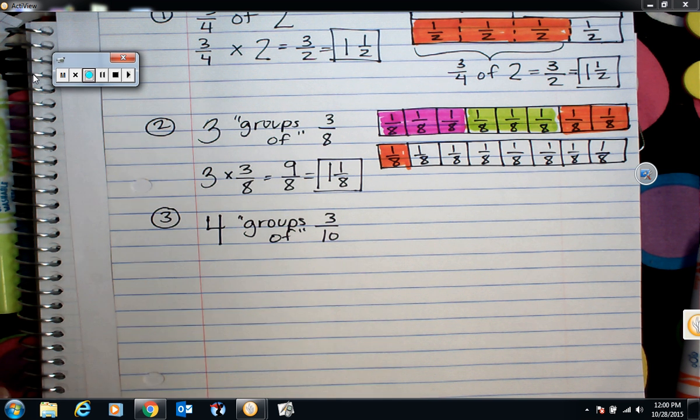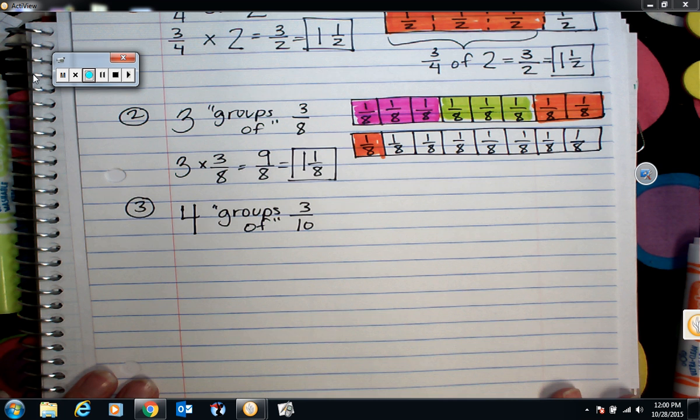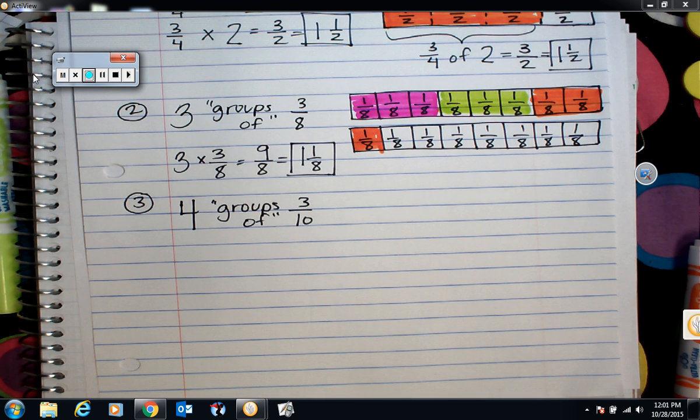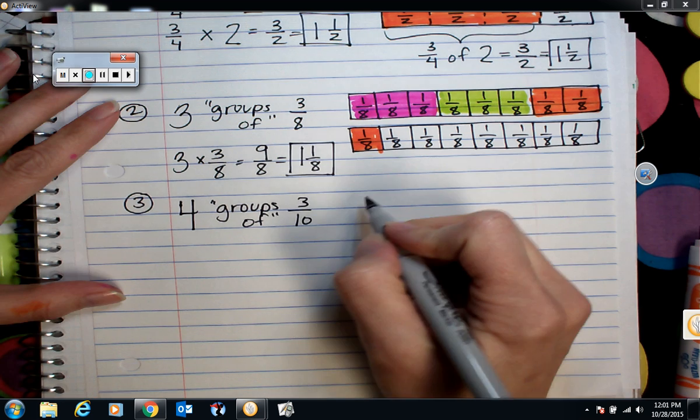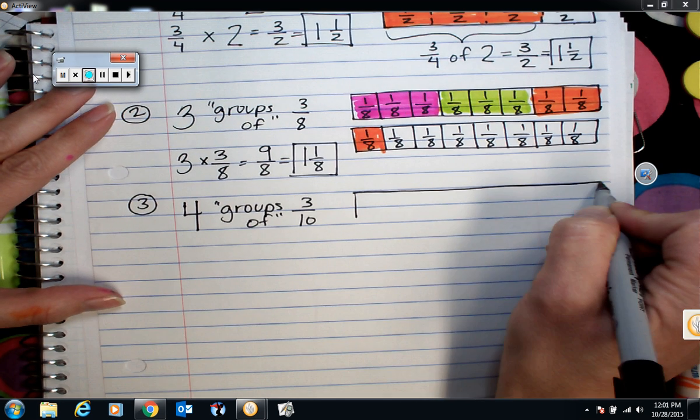Now we're going to look at a question where we are using a strip diagram and repeated addition to represent 4 groups of 3/10. So I'm going to start by drawing one whole. And I've decided to divide my whole into tenths.